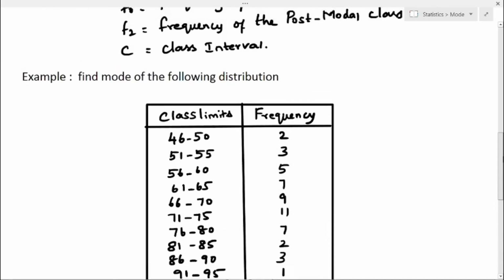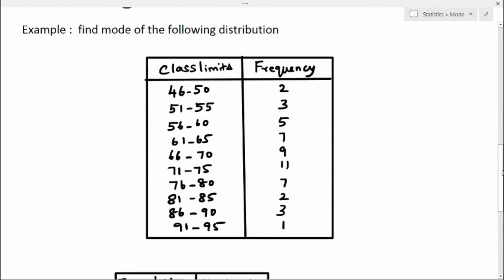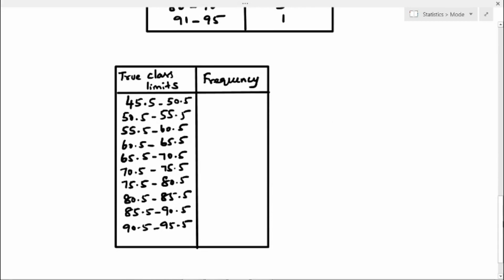Now you have to write the frequencies which are given in the problem: 2, 3, 5, 7, 9, 11, 7, 2, 3, 1. First we have to find the modal class. The modal class is the one with the highest frequency value.